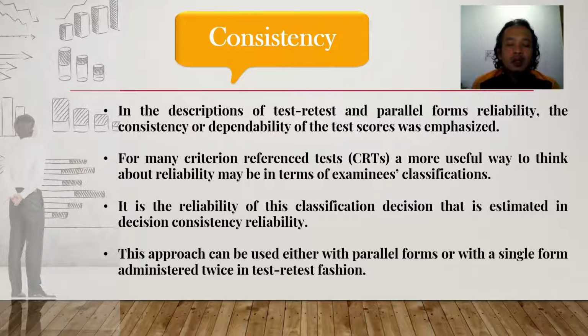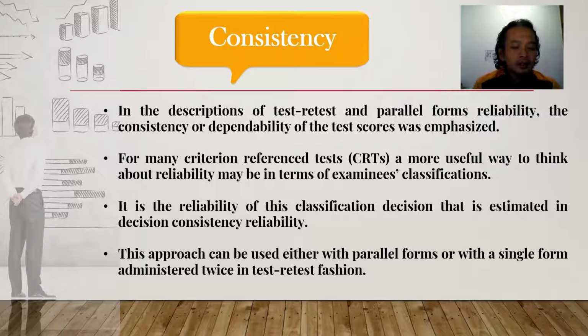Now we discuss consistency. In the description of test-retest and parallel form reliability, the consistency or dependability of the test score was emphasized. For many criterion-referenced tests, a more useful way to think about reliability may be in terms of examining classification.